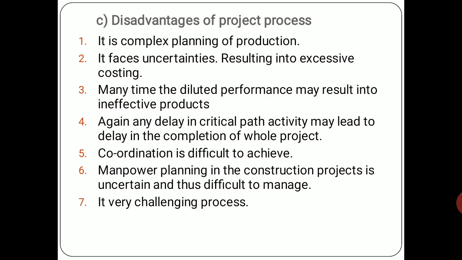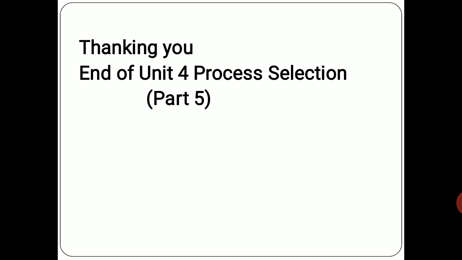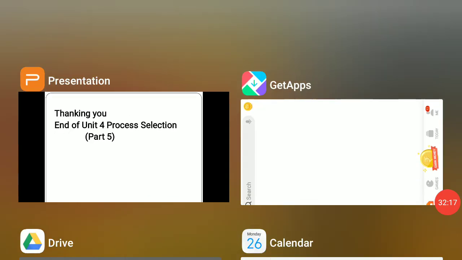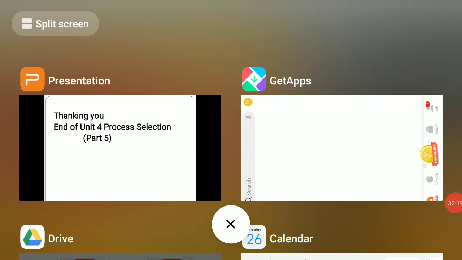And most importantly, it is very challenging, because when you are taking up a project, it is to be completed within the deadline. It is costly also, and at times it involves heavy investment. If you go with excessive cost, it may be very difficult. There are uncertainties.